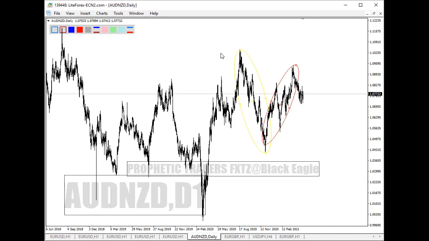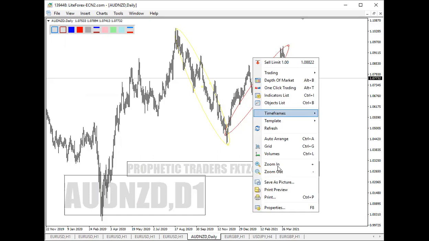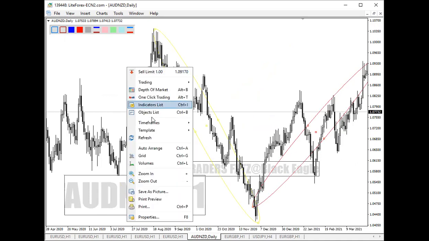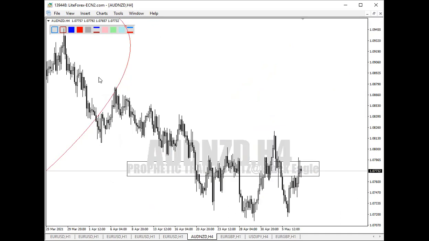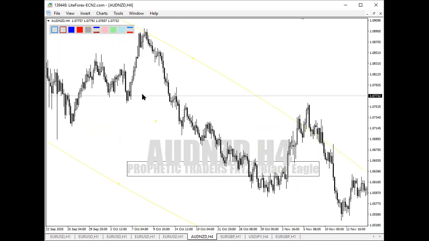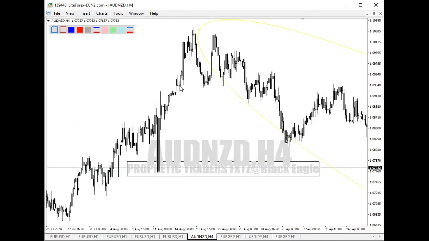After the structure breaker, when we zoom into the lower time frame, we shall see it. Let's do the lower time frame. We shall see something. Structure breaker. This one is what I call a structure breaker.